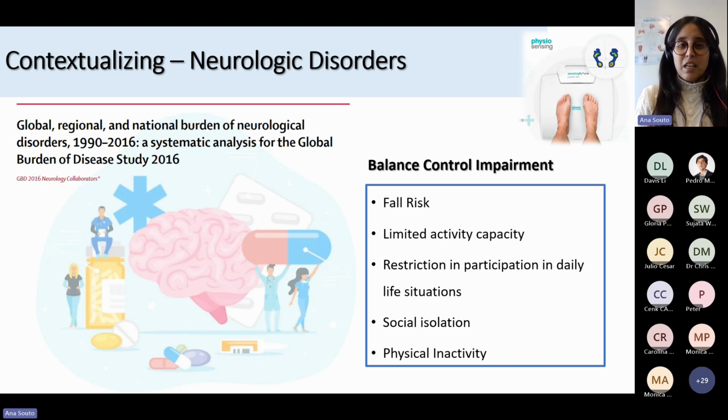So inevitably, there will be balance control impairments that most times are associated with an increased fall risk and limited activity capacity, that of course will restrict participation in daily life situations, which ultimately leads to social isolation and physical inactivity. This has a very high impact on the quality of life of these people.